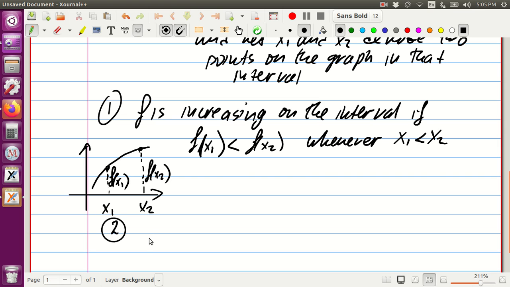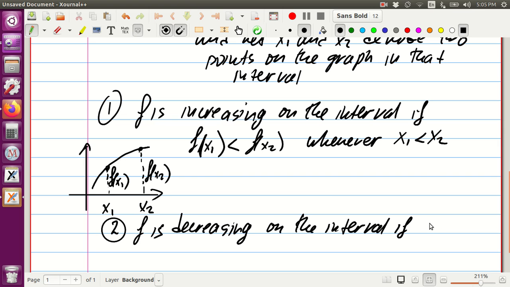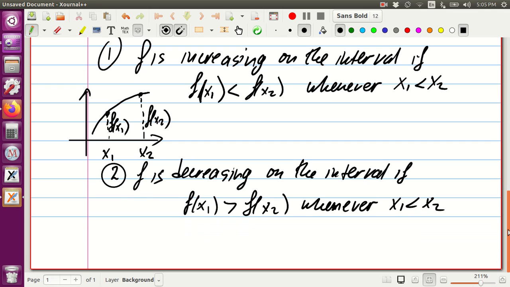The second part of the definition is f is decreasing. We say f is decreasing on the interval if f of x1 is bigger than f of x2 whenever x1 is smaller than x2.